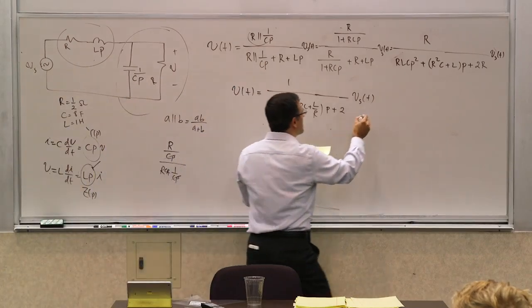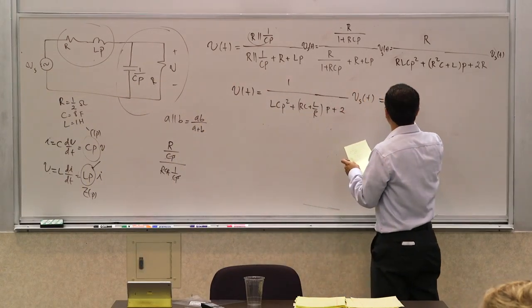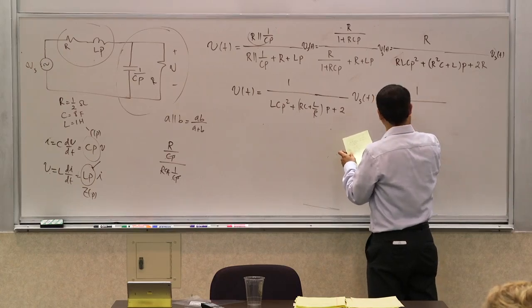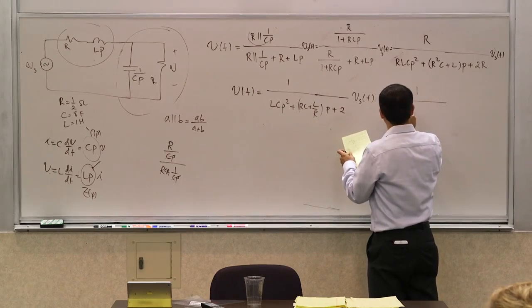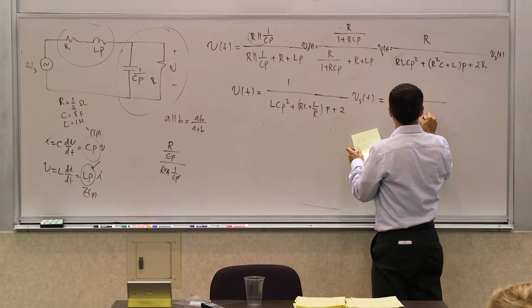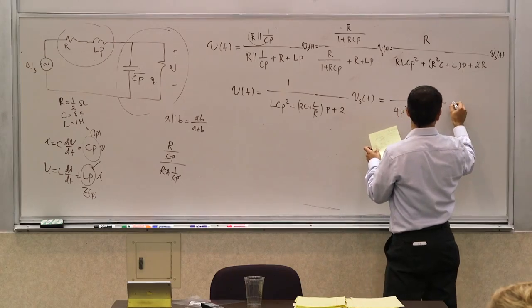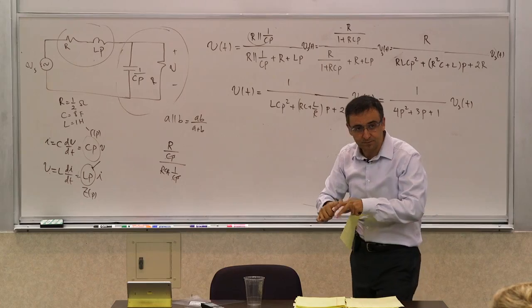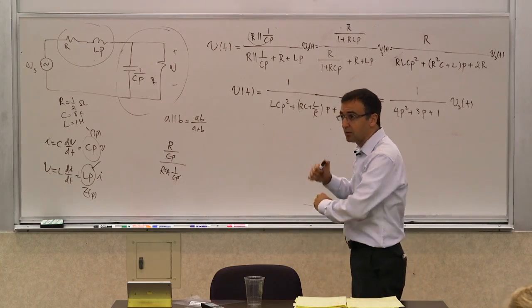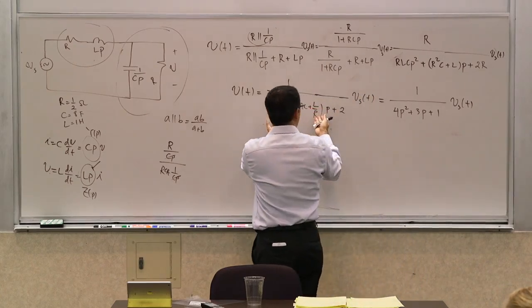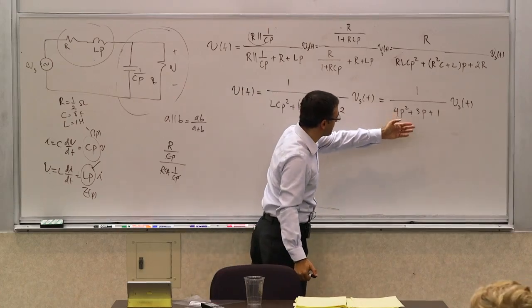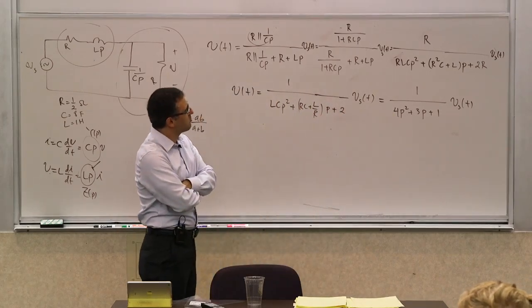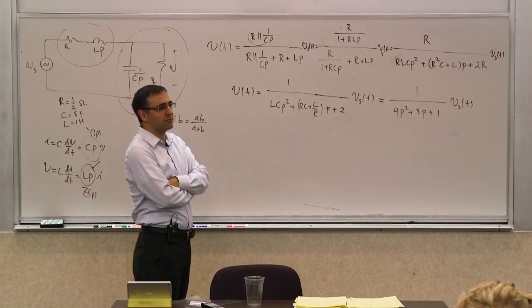If you plug it in, you will see for those values, what you end up with is something like this: 1 over 4p squared plus 3p plus 1 times Vs. So it's just a bunch of values. Okay? So it can be parametric or it can be numerical, like this. I mean, semi-parametric.